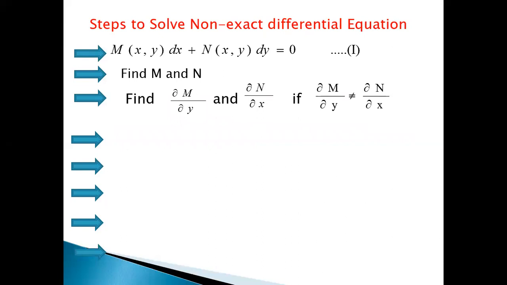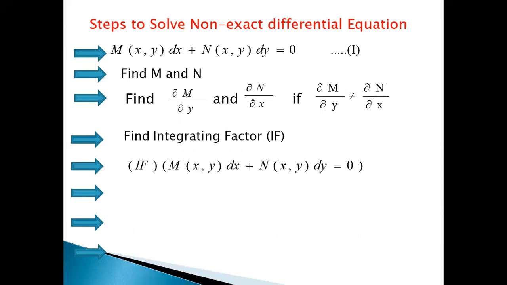If del M by del y is not equal to del N by del x, then it means our given differential equation is not exact, right? So now we have to find the integrating factor, that is known as IF. Now see, this is the most important step. Now we have to multiply this integrating factor, this IF, with our given differential equation 1.